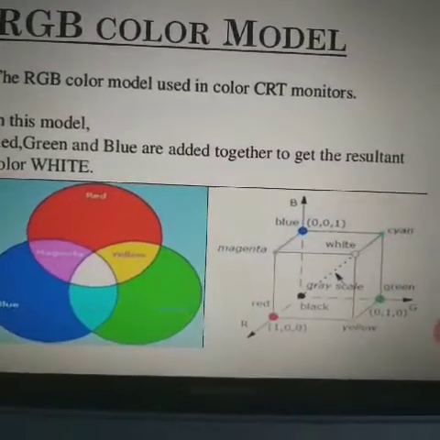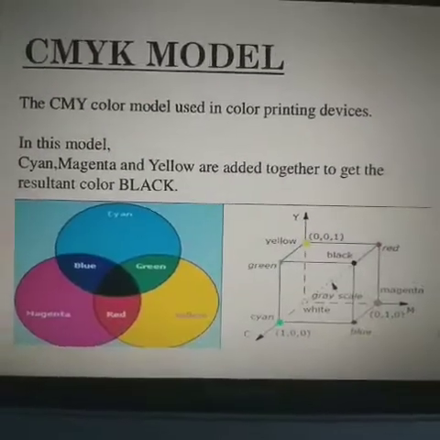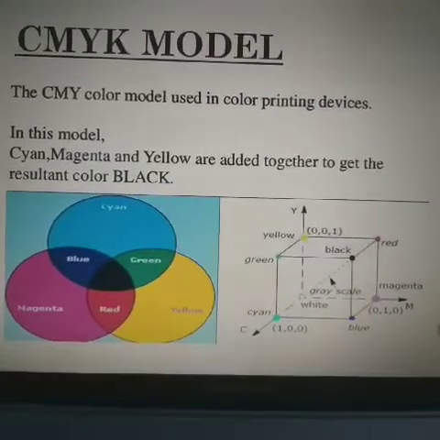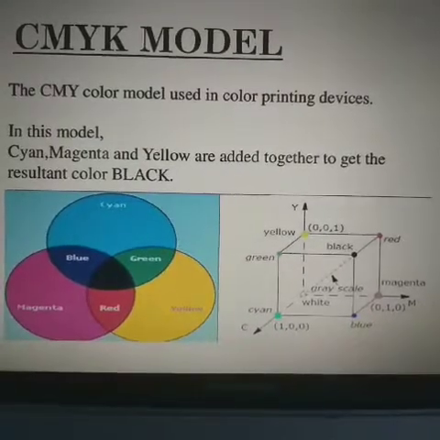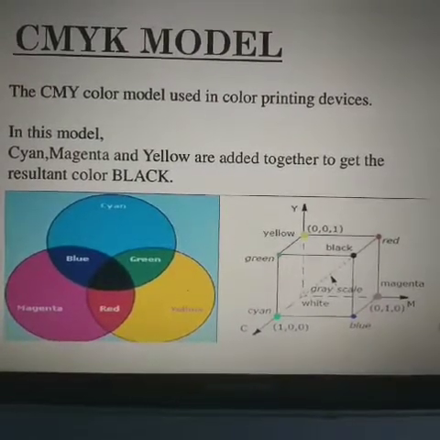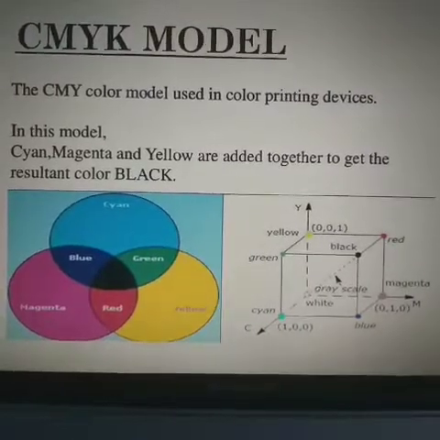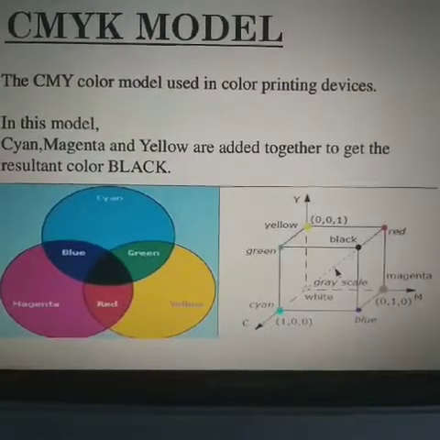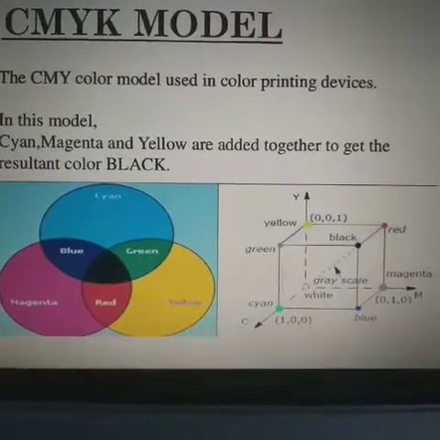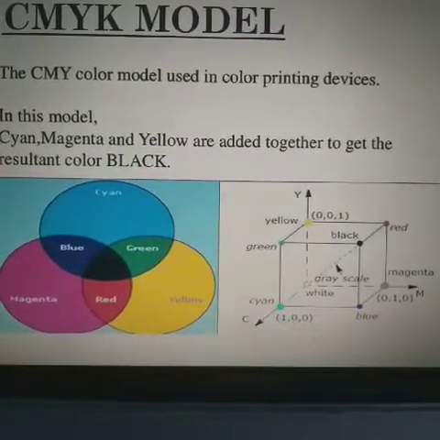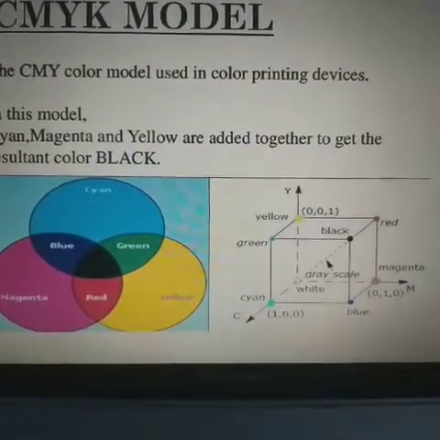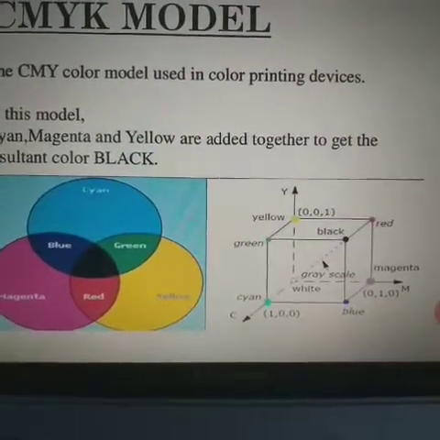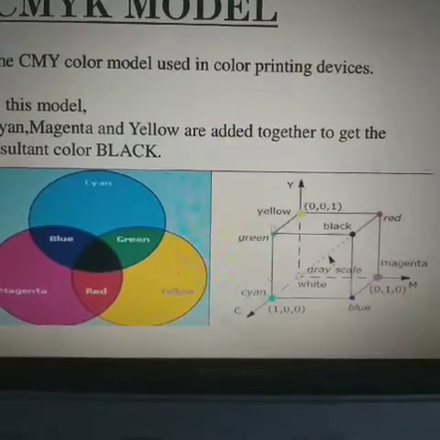We already discussed this concept, and further we move towards CMYK, which is cyan, magenta and yellow. RGB is the standard color model, or primary colors, and with the combination of these colors we get the secondary colors. Similarly, the CMYK color model has a three-dimensional image like the RGB model, with magenta, yellow and cyan on the different axes.